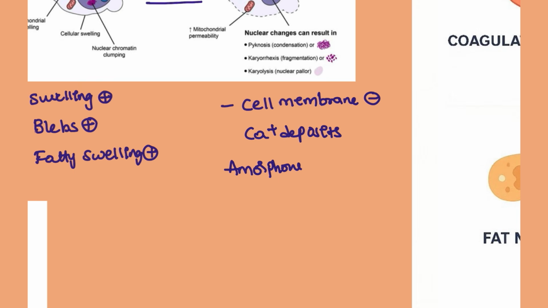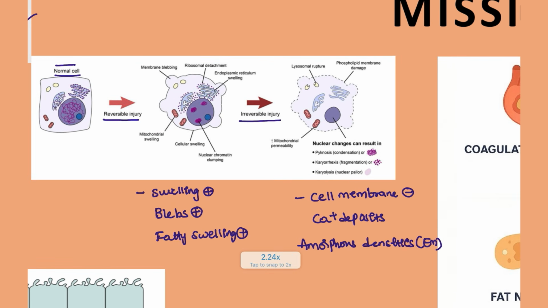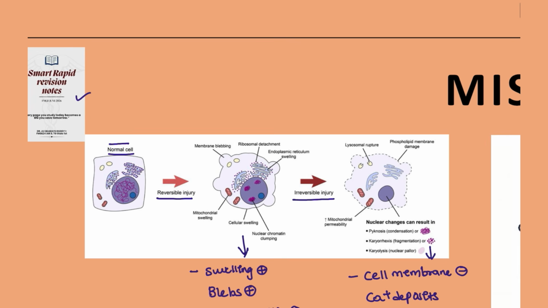This is a commonly asked question. So this is the difference between reversible and irreversible changes that you have to remember. Just simple points: if on the electron microscope you see amorphous densities, then that is likely irreversible damage.